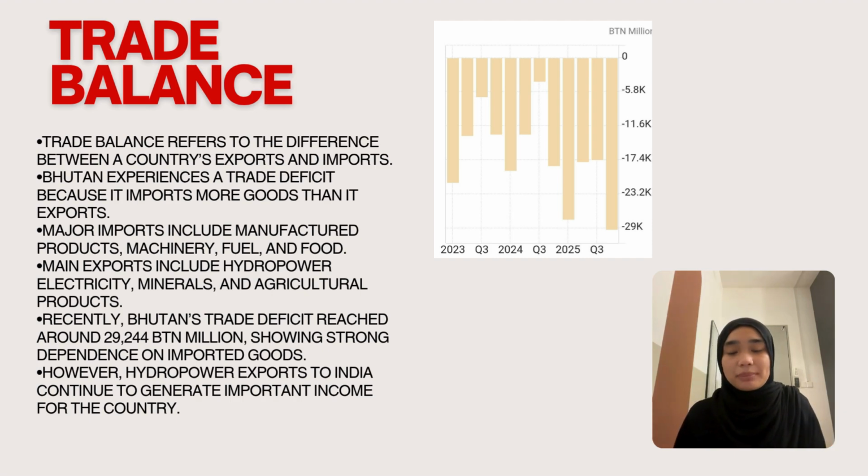Next is trade balance. Trade balance refers to the difference between export and import. Bhutan experienced a trade deficit because it imports more goods than it exports. Major imports include machinery, fuel, food, and manufactured goods, while exports mainly consist of hydropower, electronics, minerals, and agriculture products.